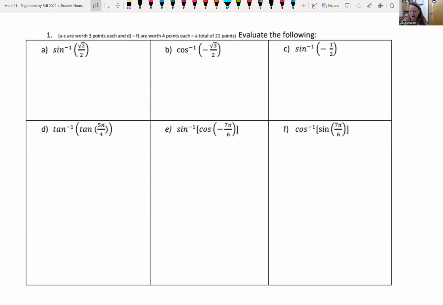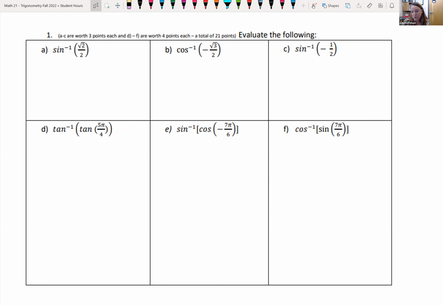Okay, so in front of us is a problem from an old exam that I've given, and it tells you basically how much each thing is worth. But it wants us to evaluate the following. So sine inverse. The expression has the inverse function in it, so we have to think about limiting our domain.